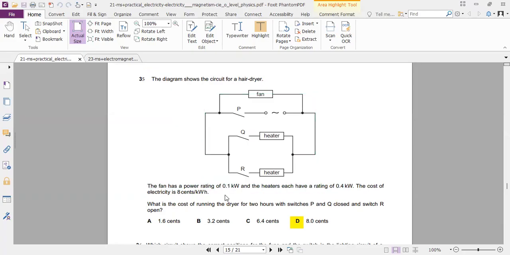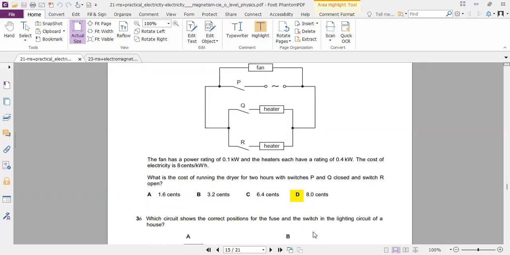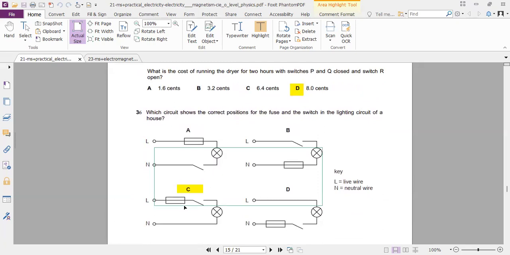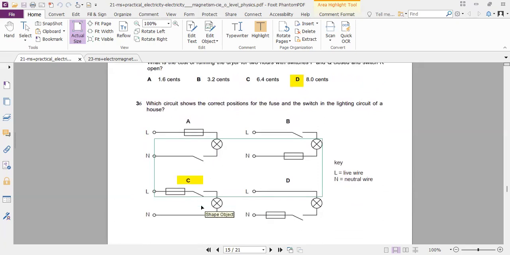Add the power of Q, which is 0.4 kilowatts. So it is 0.5 kilowatts. Then running it for 2 hours gives you 1 kilowatt-hour. And then multiplying by 8 cents gives you 8 cents. C is the correct choice.